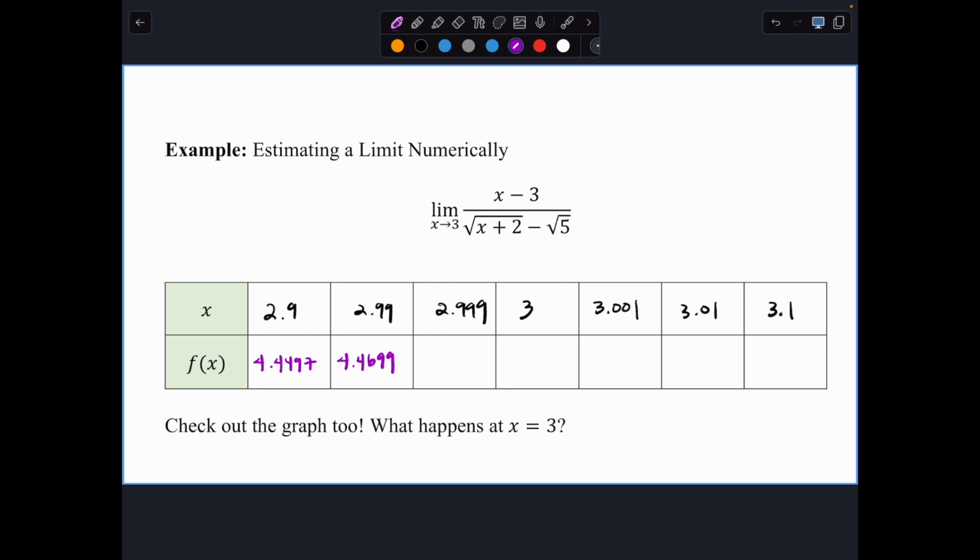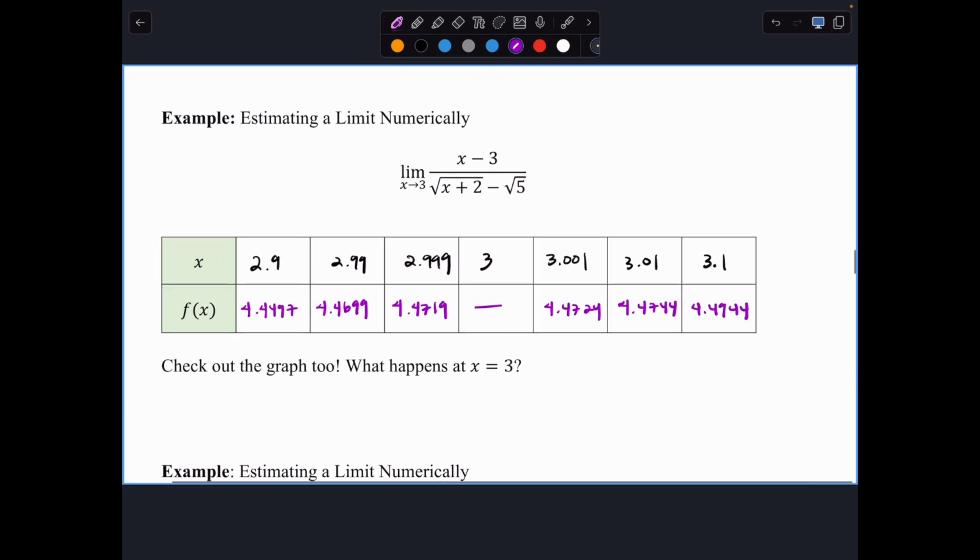For 2.999, I get 4.4719. 3 is undefined. 3.001, I get 4.4724. 3.01 gives me 4.4744. And 3.1 gives me 4.4944.